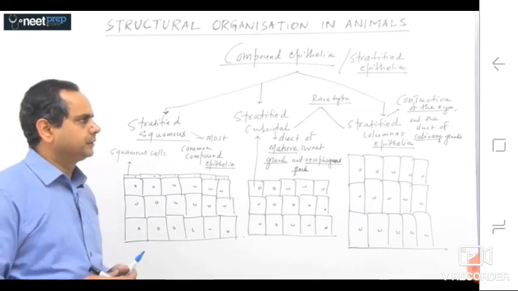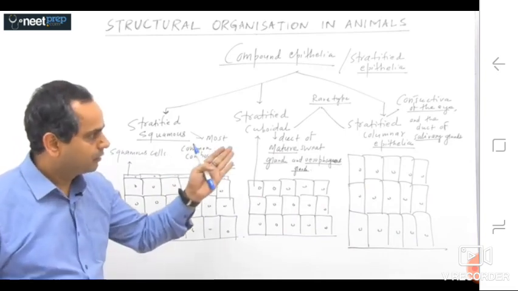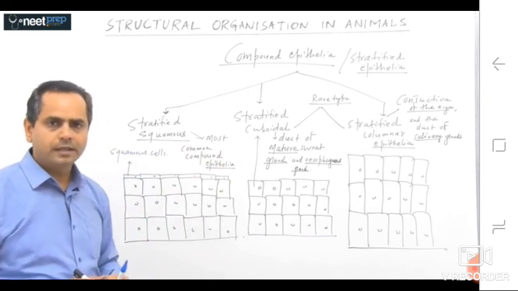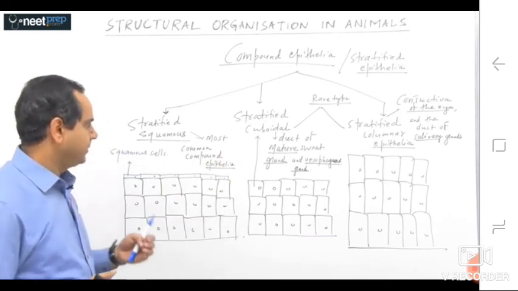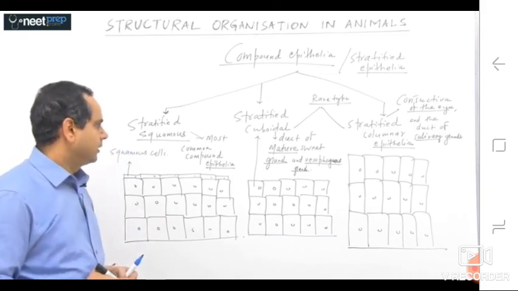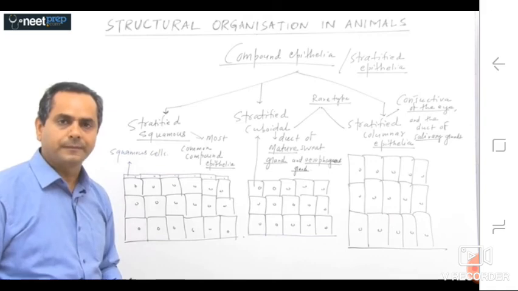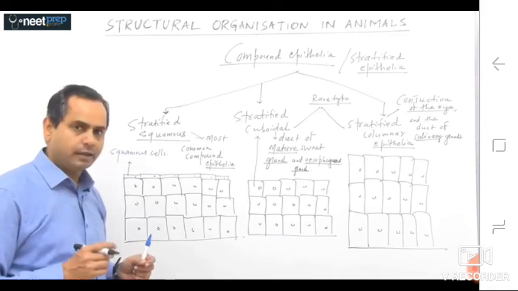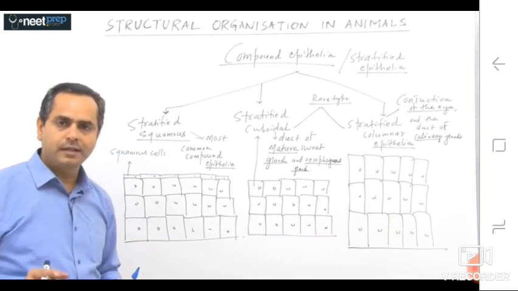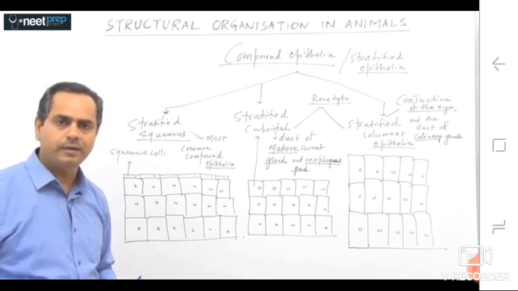So that is all about the stratified cuboidal and stratified columnar. That is a rare type of epithelia. The most common stratified epithelia is stratified squamous. And remember that stratified squamous epithelia can be further classified as keratinized and non-keratinized stratified squamous epithelia.